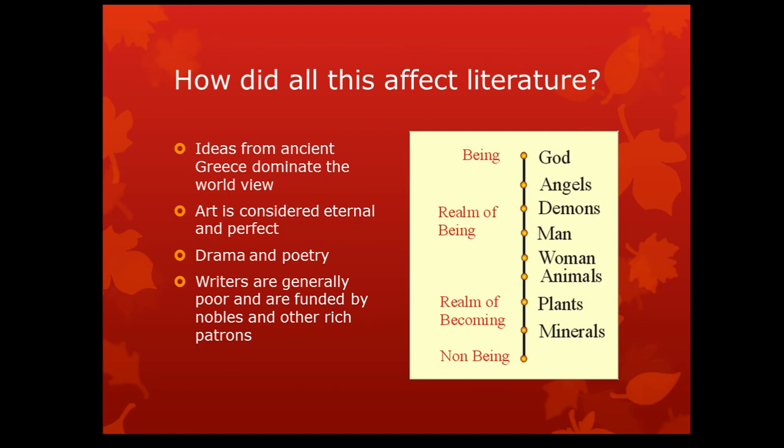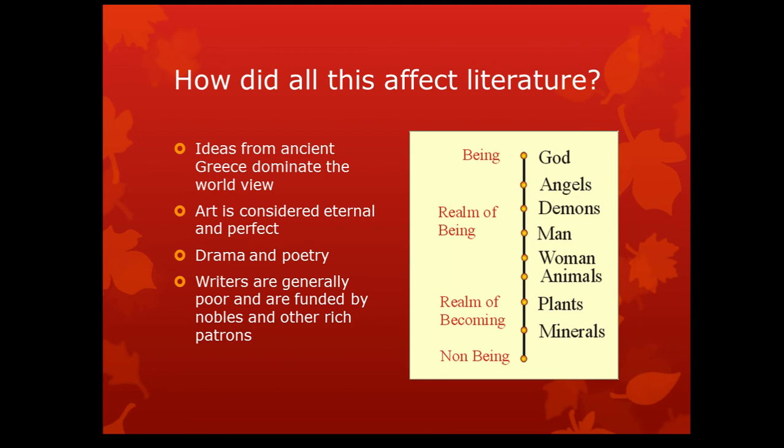But anyway, it's sort of a ranking order of who is more important than the other, right? So minerals and plants and animals are not as important as gods and angels and demons. And men and women are somewhere in between. This is a good thing to remember for when you're reading stuff later.